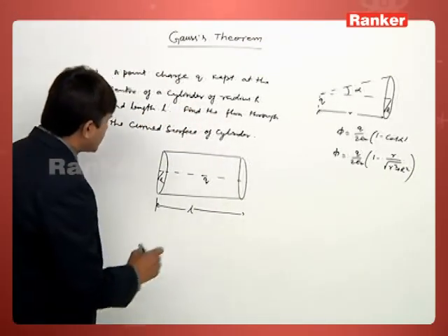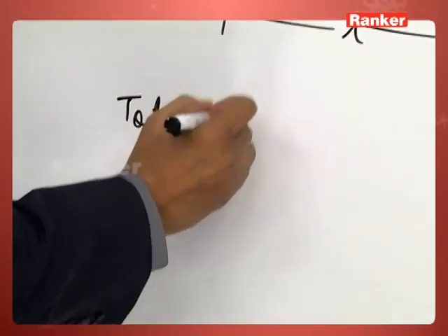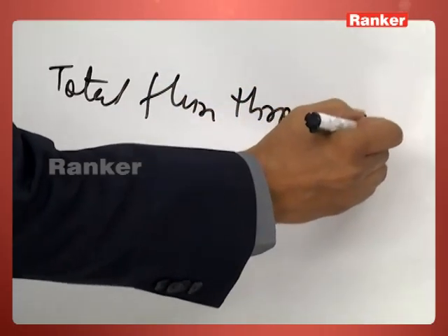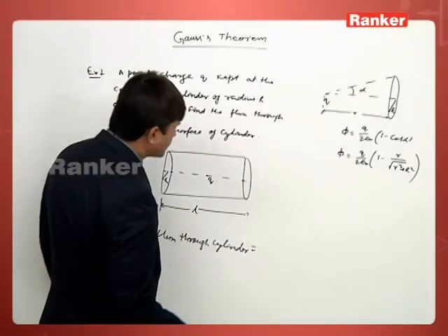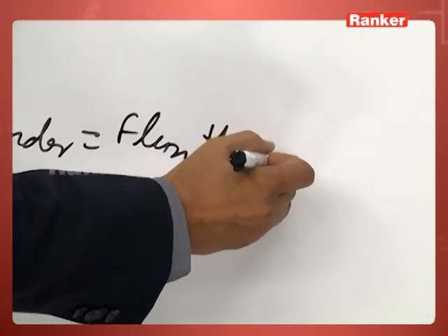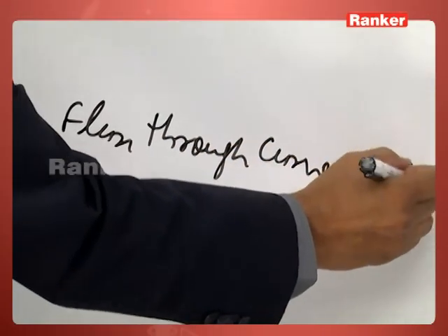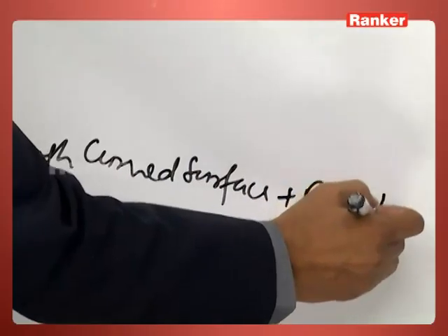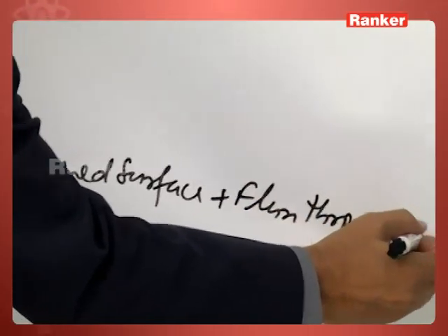First we can write the total flux through the cylinder is equal to the flux through the curved surface plus the flux through the plane surface.